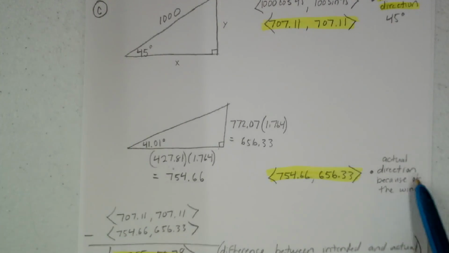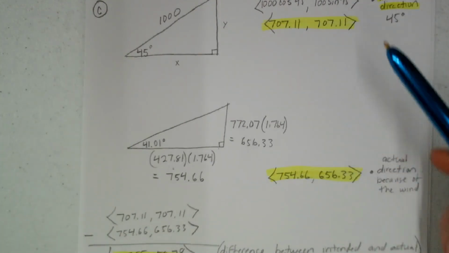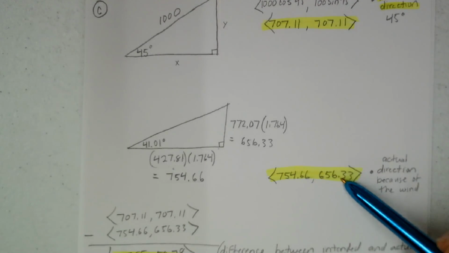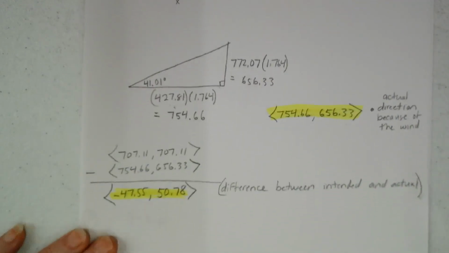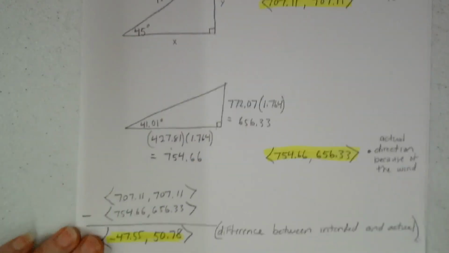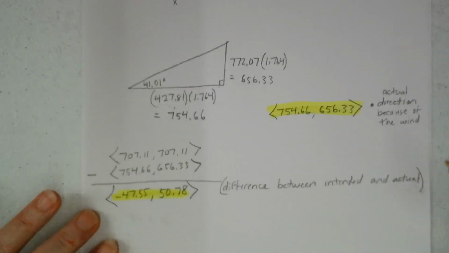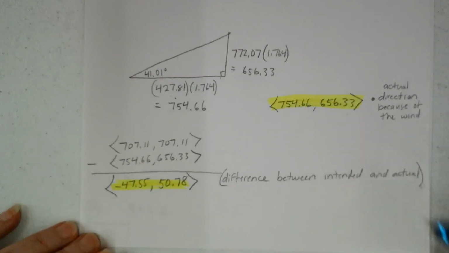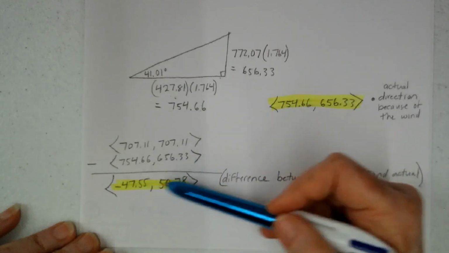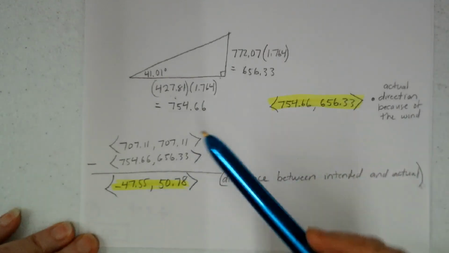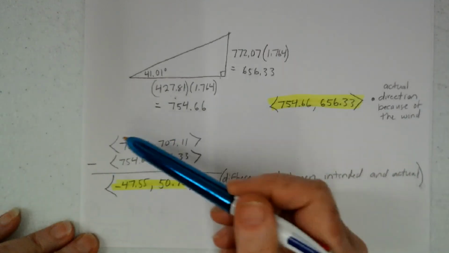Okay, so now I have the intended direction and the actual, and now I just want to find the difference. So I just subtracted this one from this one. And I actually did it the wrong way the first time, and it still turned out fine because we're going to use the Pythagorean theorem on it. I put the other one on top, but it would still work.